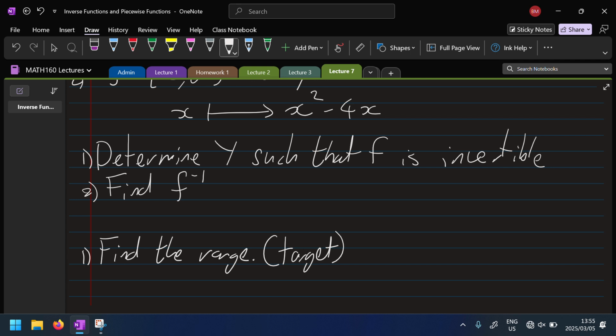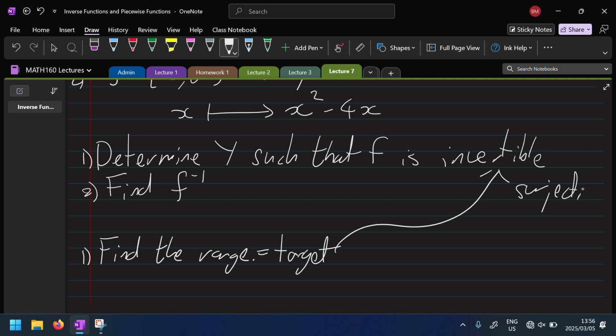What does it mean to be surjective? Range equals target. So there, I'll put there. Surjective means range equals target. We want to find the target. The target is equal to the range, so we want to find the range. Make sense? Okay.